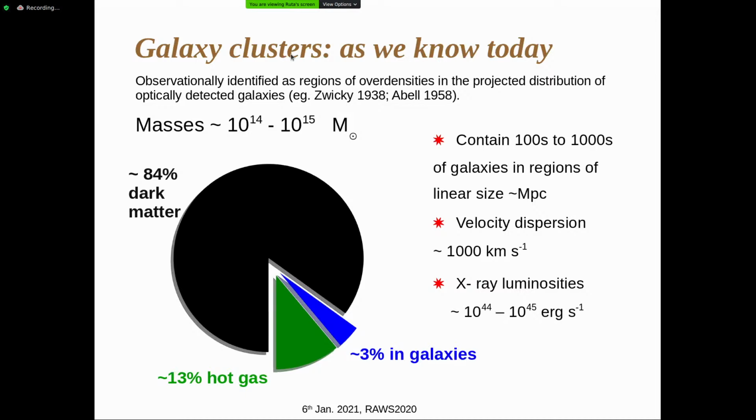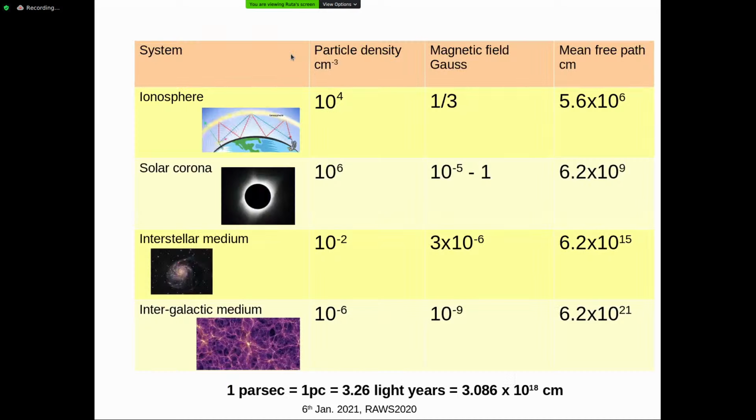I want you to look at this chart, which shows a comparison of the particle densities in the various plasma or media that we know of, the range of magnetic fields in these media, and the mean free path. These physical parameters are very important for us to understand the state of these systems.